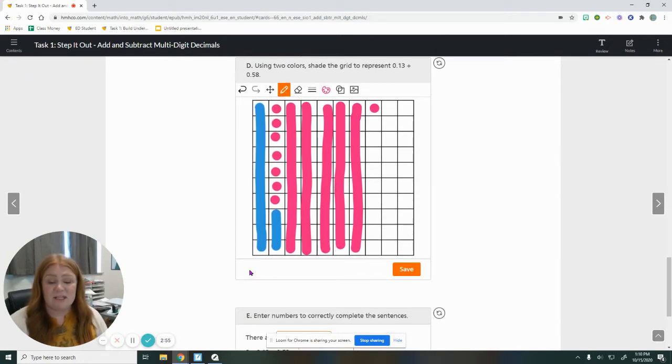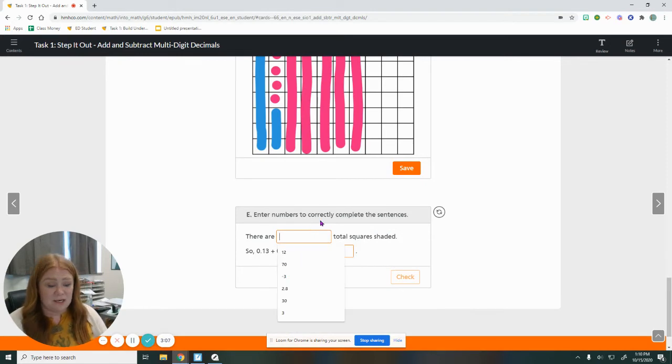So now I can look at this model and see how many I have total. So here's 10, 20, 30, 40, 50, 60, 71. So there are 71 total squares shaded in.